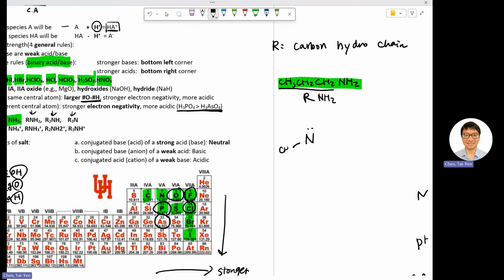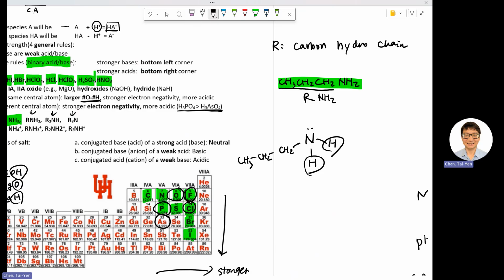Then you have this carbon hydrogen, and then this one is also attached to two protons. Hydrogen over there, but it will eventually accept the proton. Okay, but let's look at the structure. So this H can also be replaced by your alkyl chain.